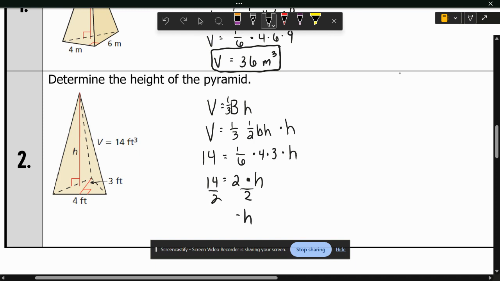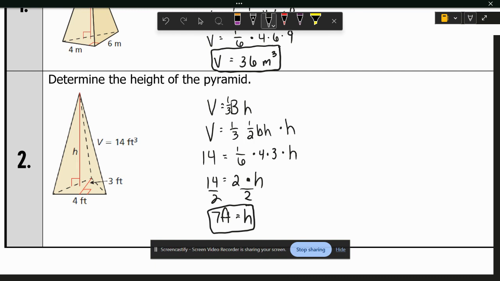And our height will be 7 feet. Since we're not looking for a volume, since we just put feet, not feet squared, not feet cubed, just the specific measurement. Questions at all? So far, so good.